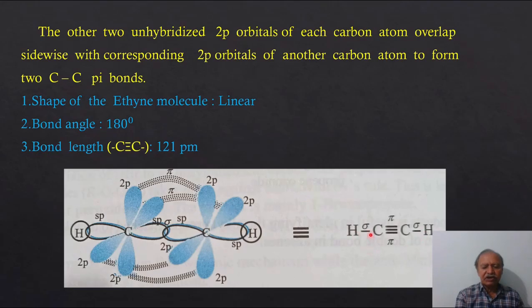This bond is formed by axial overlapping of the sp hybrid orbital of the carbon atom and the half-filled s orbital of the hydrogen atom. So altogether there are 3 sigma bonds and 2 pi bonds in the ethyne molecule. So this is the orbital picture of the ethyne molecule. I hope you have understood how the ethyne molecule is formed. That is explained on the basis of valence bond theory.